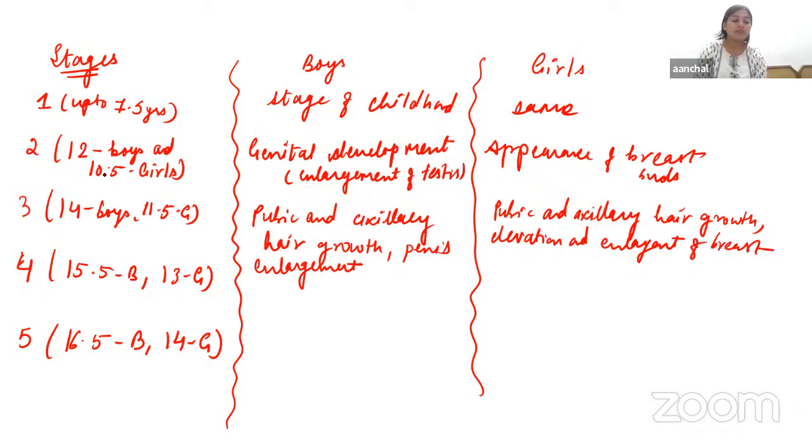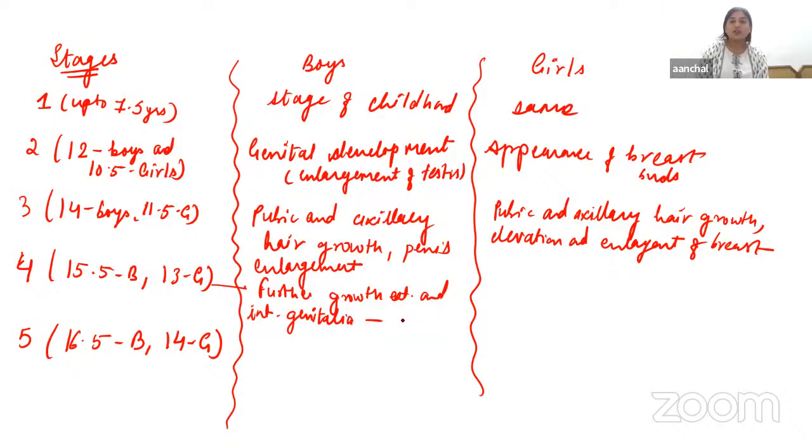Okay, then in fourth stage it will lead to further growth of external and internal genitalia, but in this stage it will lead to growth at peak. Okay, means the growth will be very high.